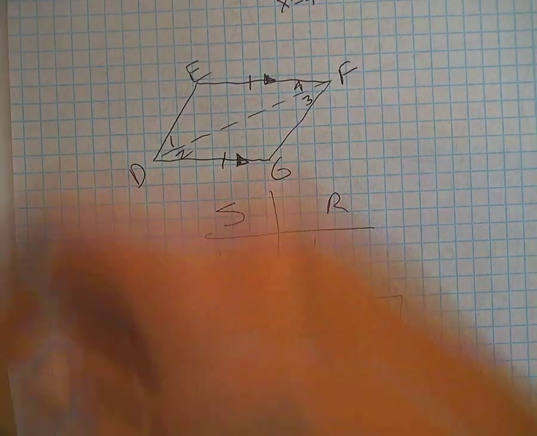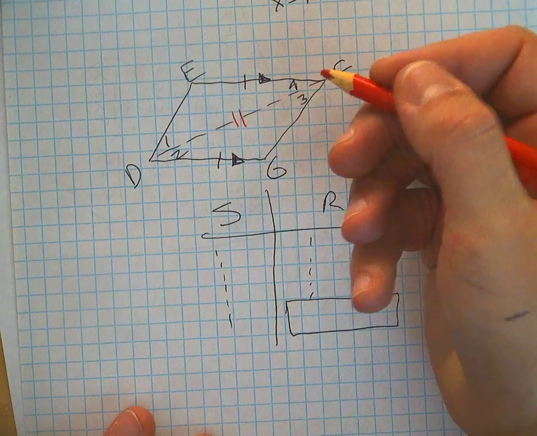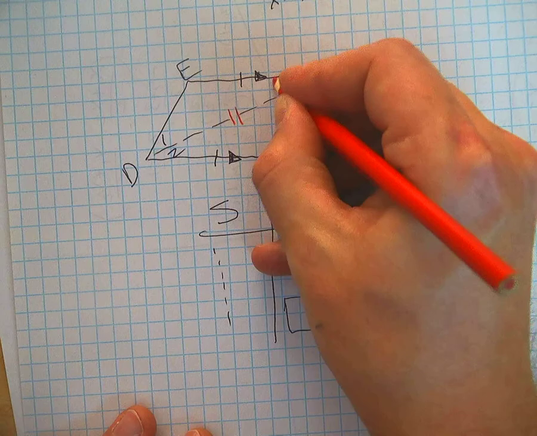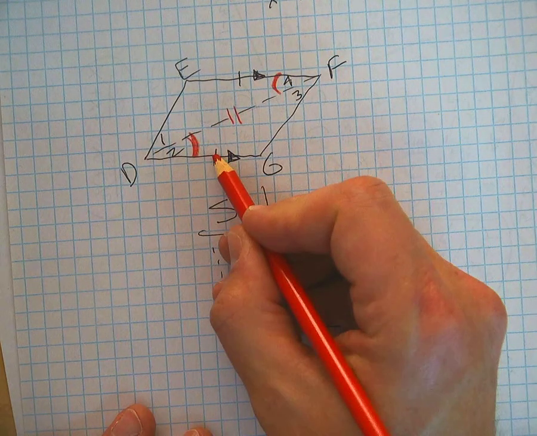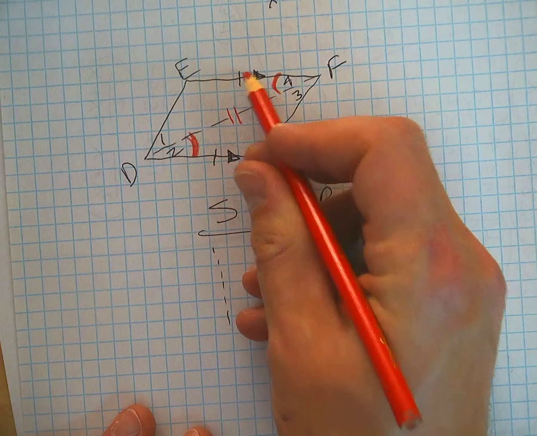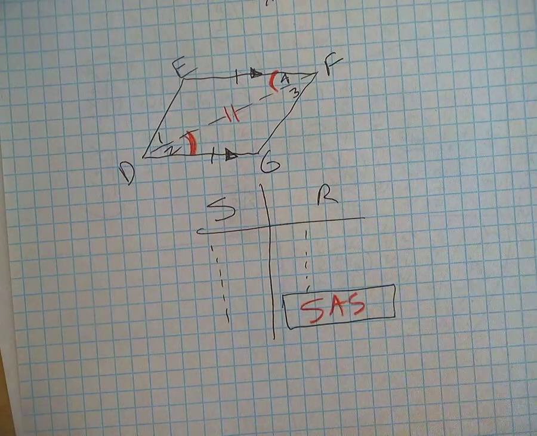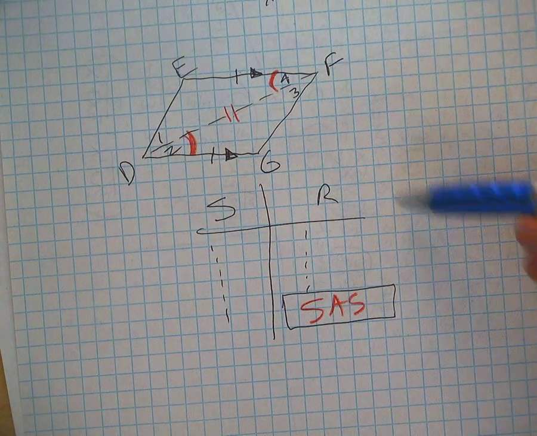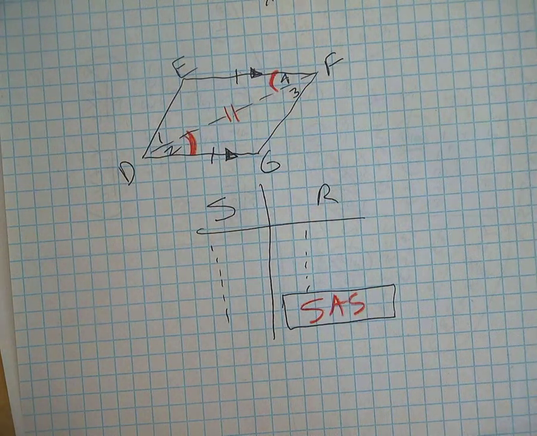Well, I can tell you that in the middle, the side they share is congruent. And since these are parallel lines, I have alternate interior angles right here. So I have side, angle, side congruent to side, angle, side. So the reason for this is SAS. In the proof you have, you're just going to have to fill in a last statement based on your triangle, which may or may not look like this. That's just one example.